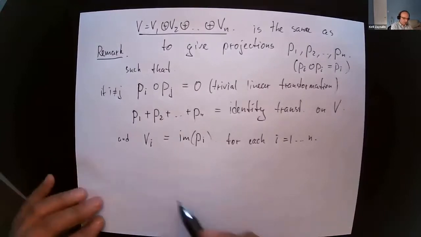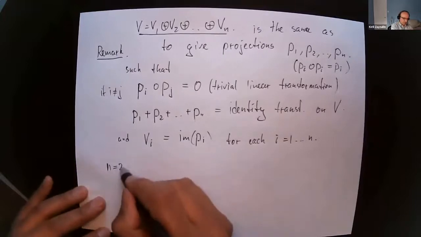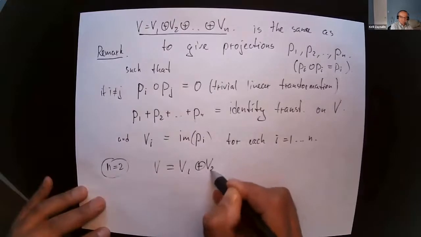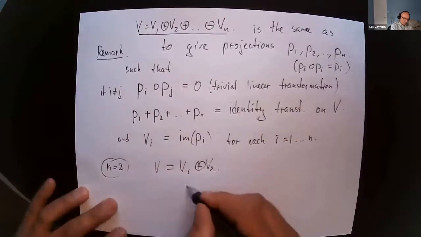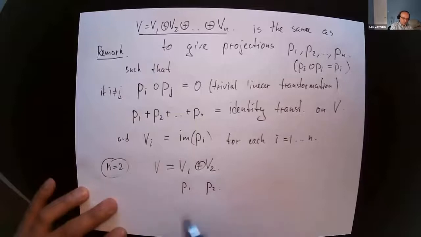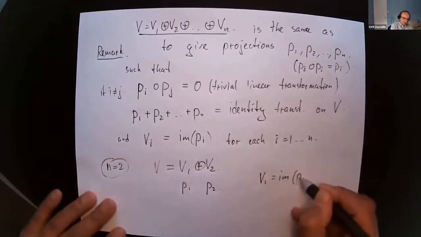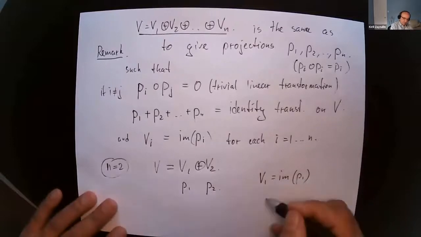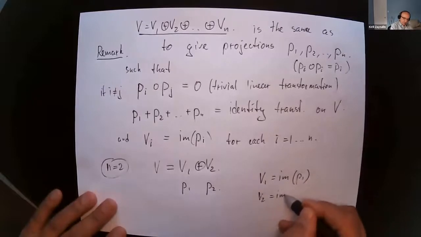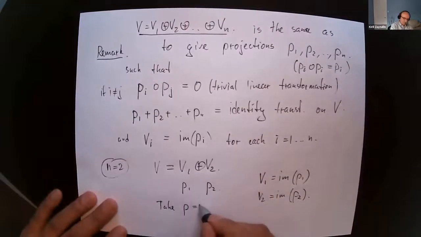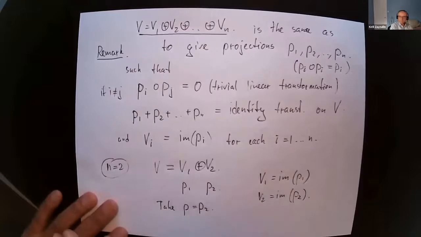Well, because if n equals 2, that's precisely what we have had before. So here's P1, P2, right? So V1 is the image of P1. V2 is the image of P2, good. Then take our P from the previous lemma to be just P2.